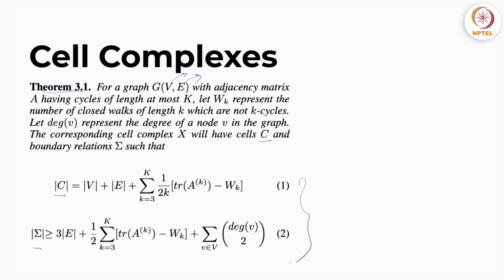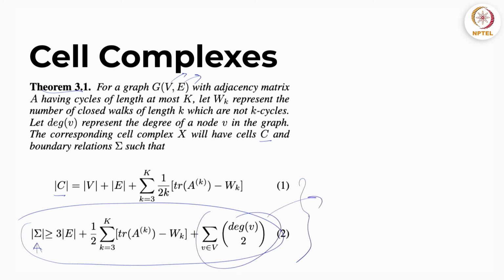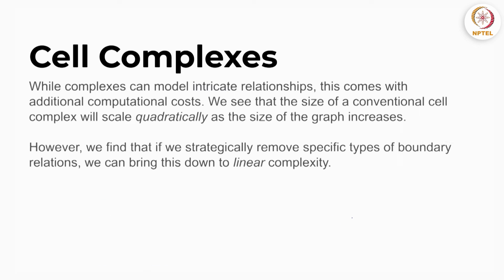The most important thing that we can get out of this equation is this lower bound, which shows that the number of boundary relations actually scales quadratically because of this combination term, because this is basically going to be degree C2, which scales quadratically as you increase the degree. So that's the problem with complexes, that they are very space inefficient.